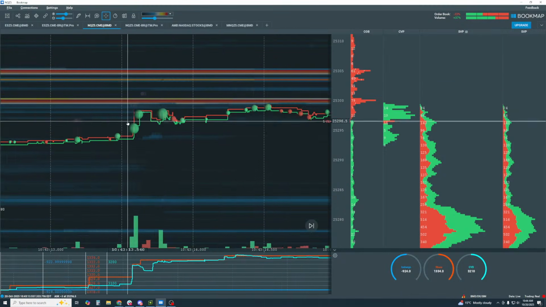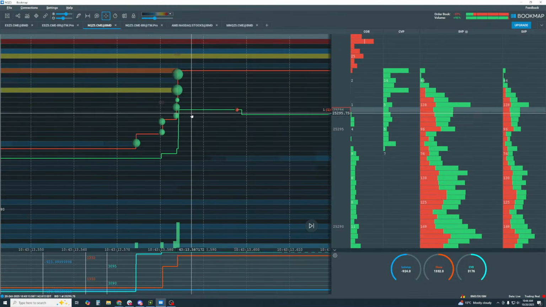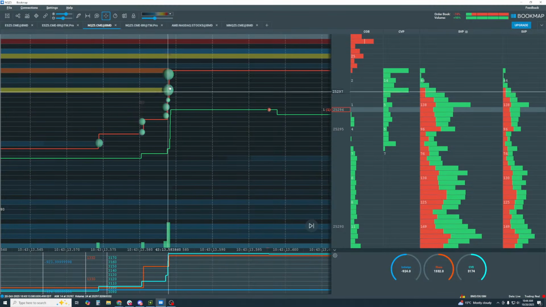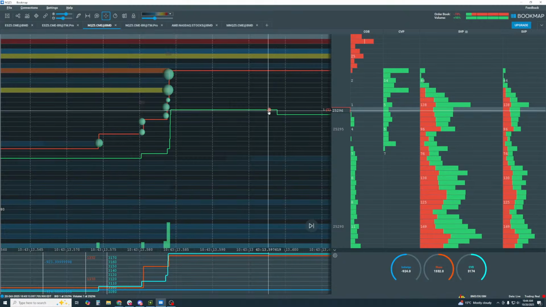We've covered it many times, but look at this stop run here. Big move to the upside. Here's the first selling after that move. Is this one contract? Hold on a minute. Yeah, this is one contract.